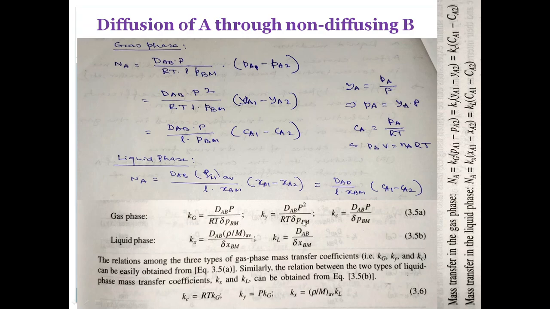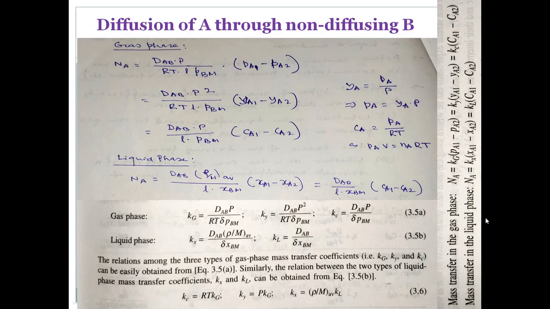Now ky into y1 minus y2, so ky will be this term, that is DAB P square by RT, where L will change to delta into PBM. And Kc into CA1 minus CA2, so Kc is equal to DAB P by delta PBM.